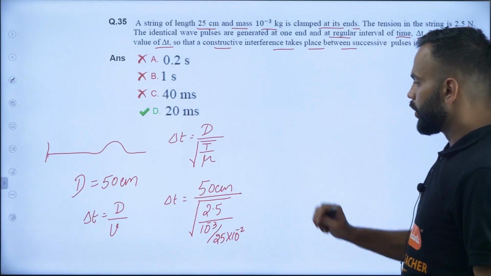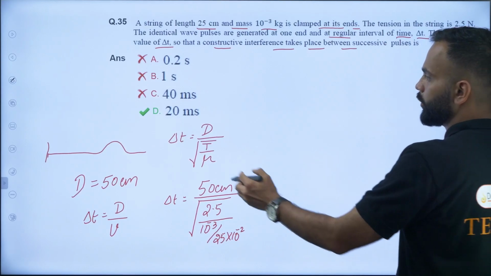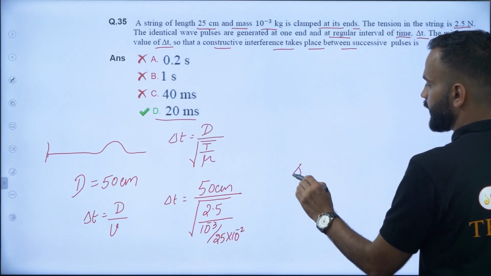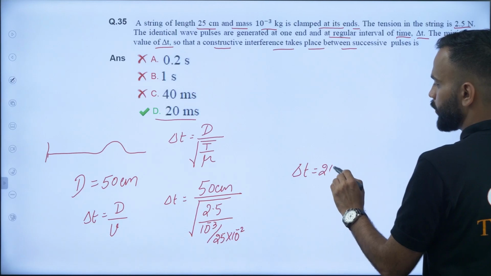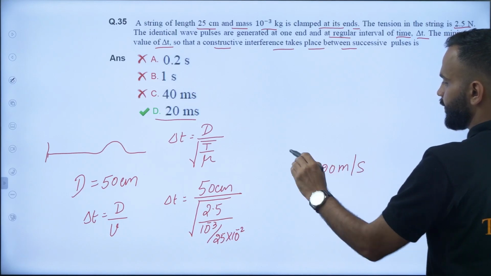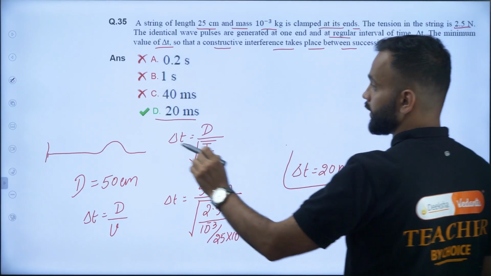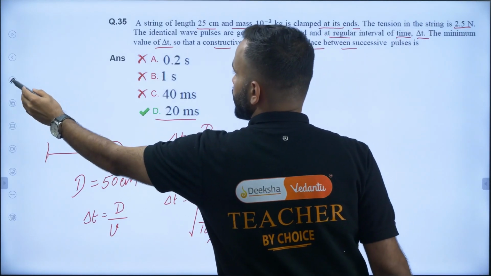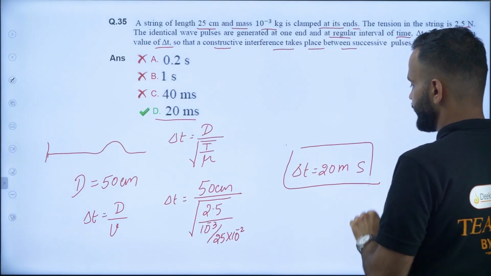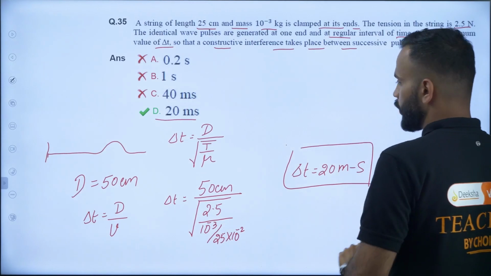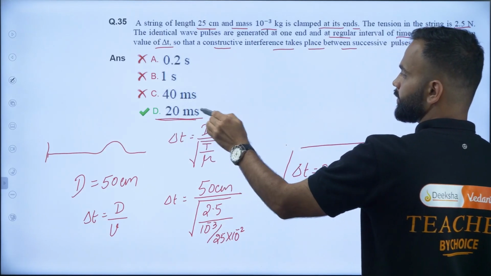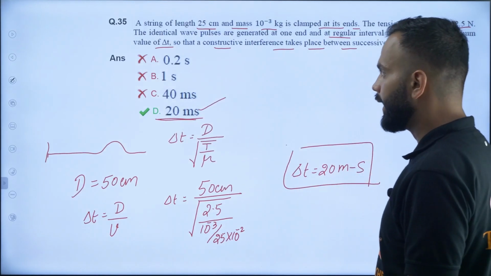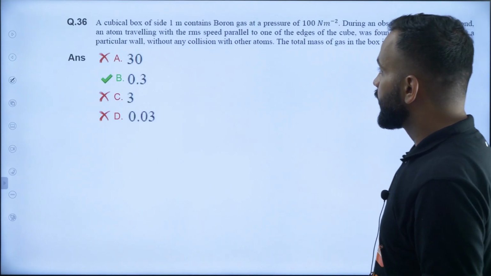Now solve this, you will get delta t equal to 20 millisecond. The correct option is D. Understood? Question number 36.